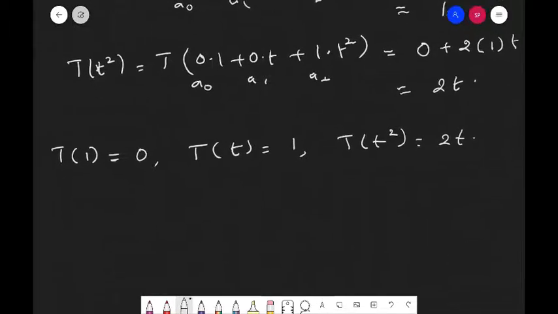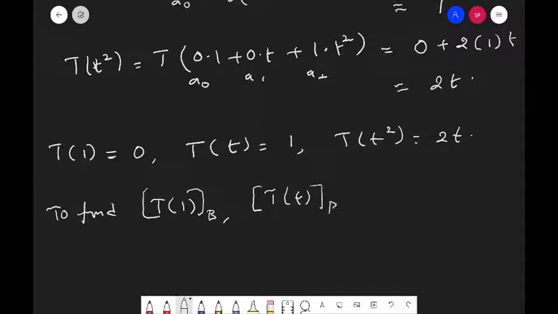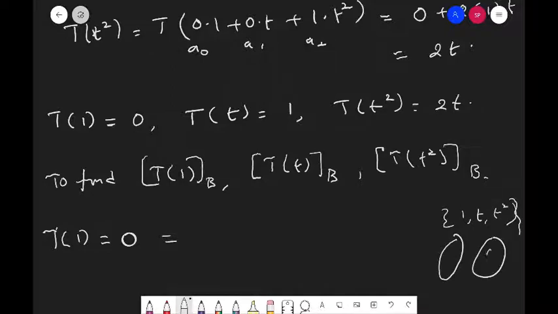Now again we have to find the coordinates with respect to B, coordinate of T of 1, T of t, and T of t square with respect to B. How do we get that? You have to take T of 1 equal to 0, and then write it as a linear combination of 1, t, t square, which is the basis for the codomain.